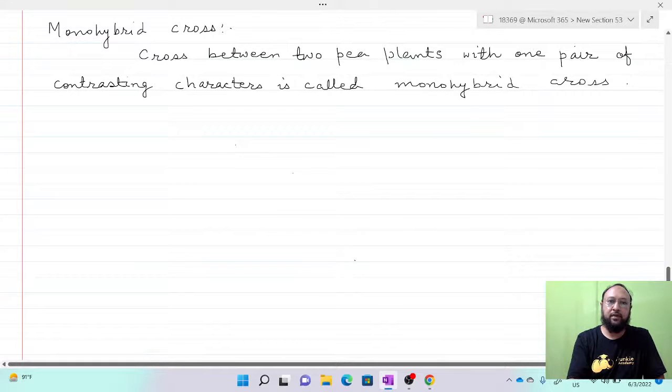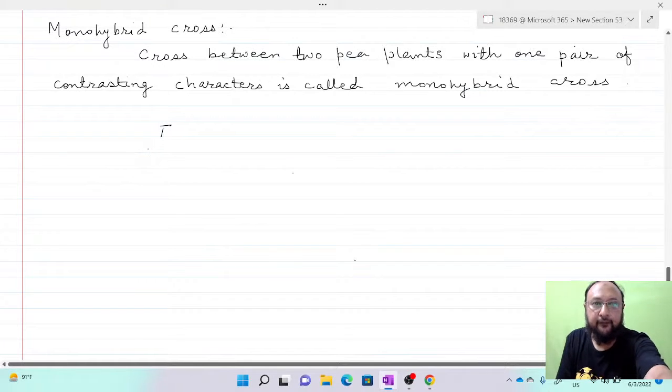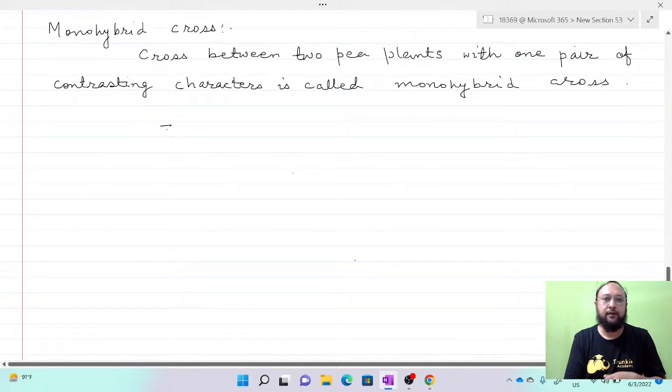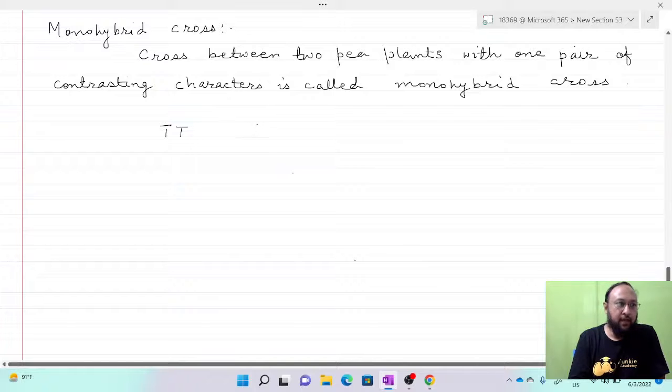Now the example is the cross between the true tall and the dwarf. The dwarf will be recessive.